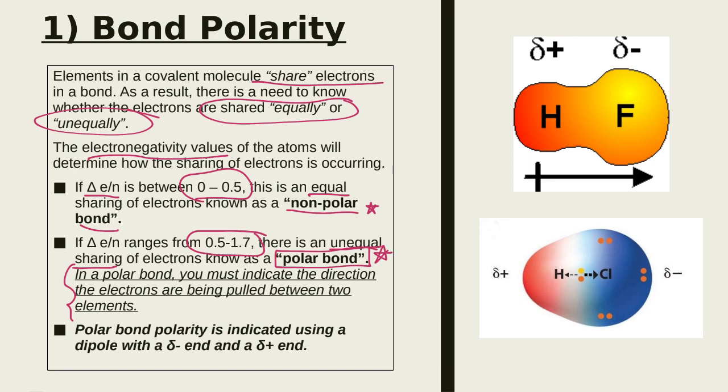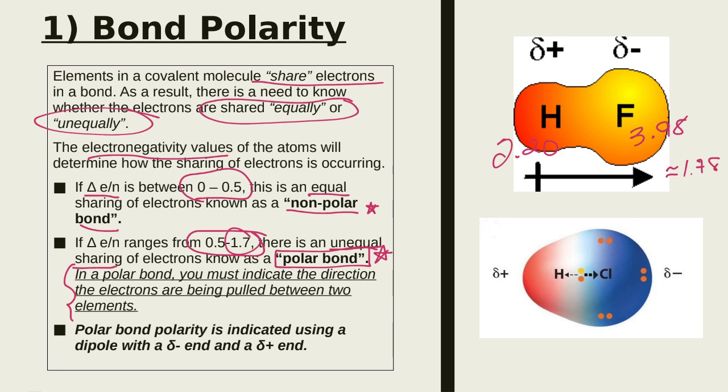So if we look over here at these two images, hydrogen's electronegativity value is 2.20. Fluorine's electronegativity value is 3.98. This is quite a difference in our electronegativity. And if you do that math, you're actually getting a value of approximately 1.78. This actually goes above our range, but that's okay. Sometimes there's exceptions.